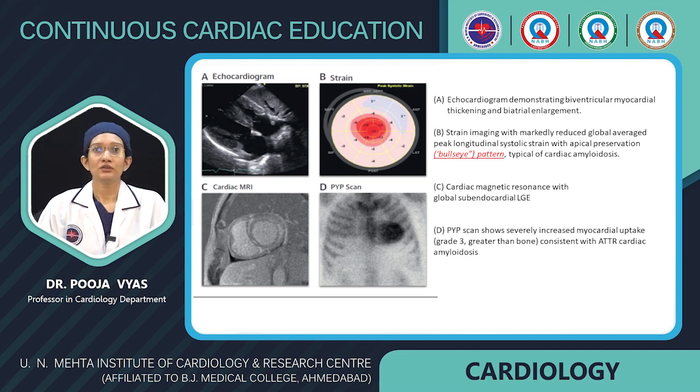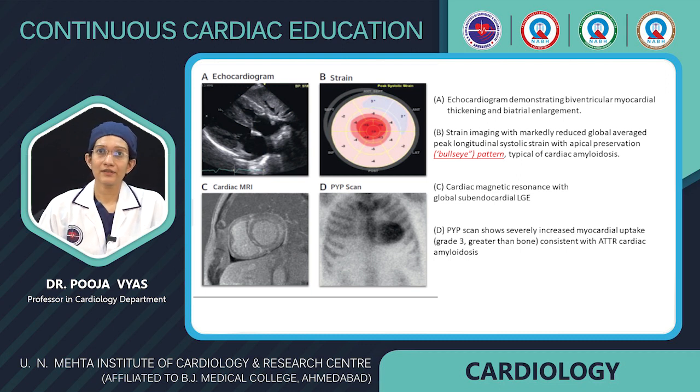And on this image, the cardiac MRI is showing global subendocardial late gadolinium enhancement, and the D image is showing a pyrophosphate scan, where we can see severely increased myocardial uptake, grade 3 or even greater than bone, which is consistent with transthyretin cardiac amyloidosis.